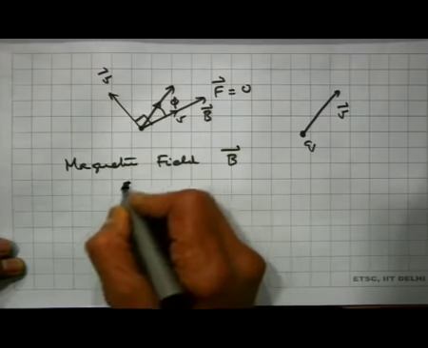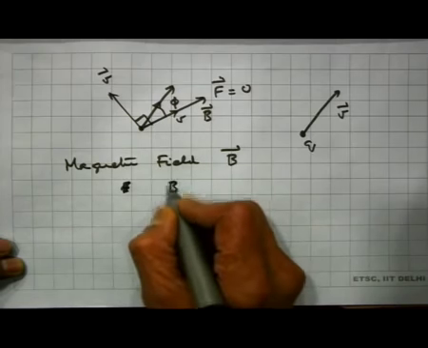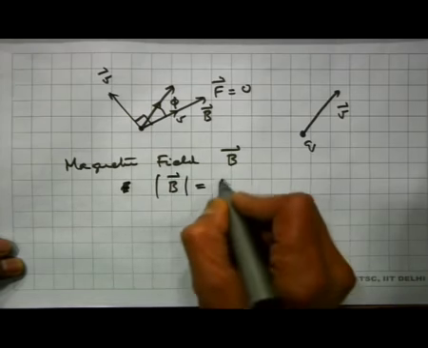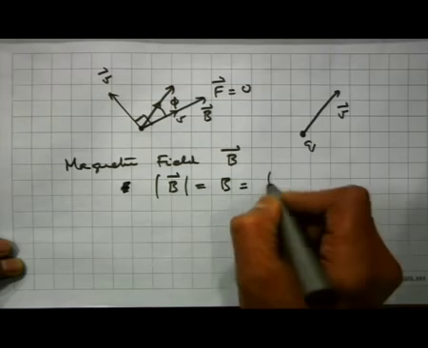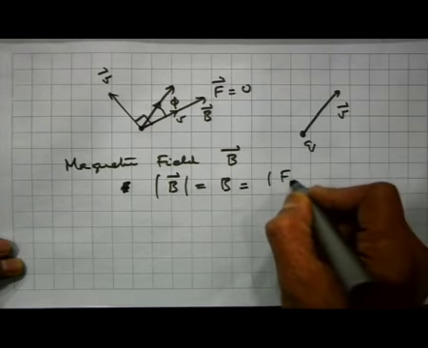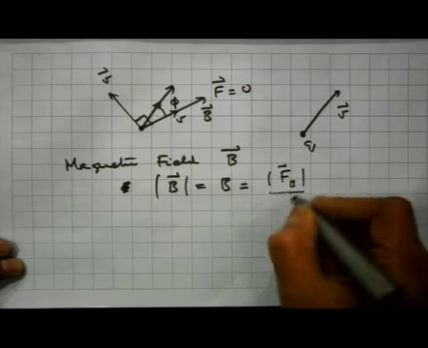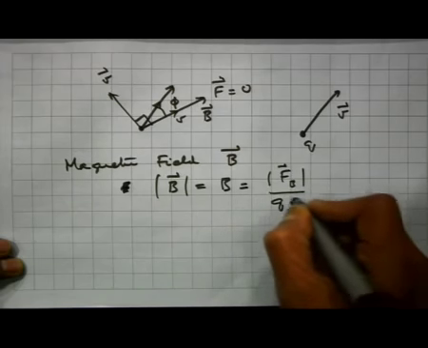So I define the magnitude of the magnetic field as B is equal to the magnitude of the magnetic force divided by Q times V.